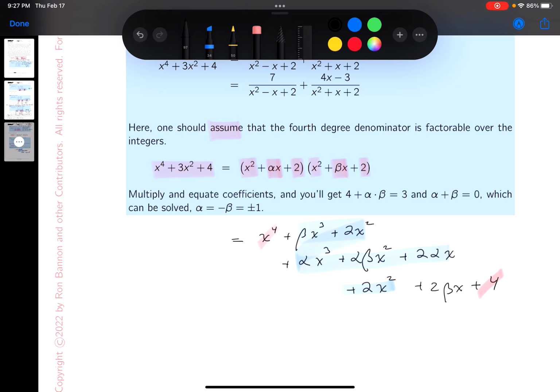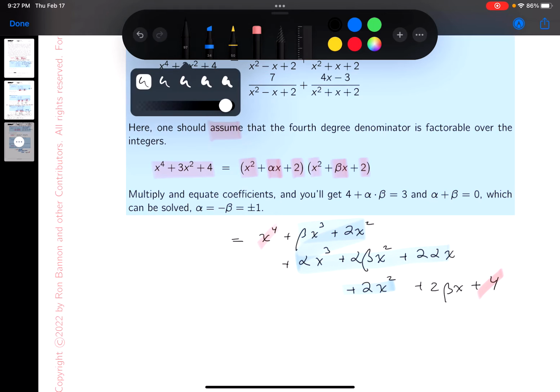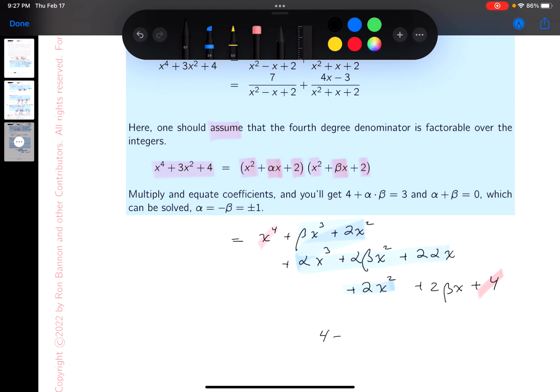So I'm looking at it, and all I now know is these coefficients on the x squared term. I'll write this down for you. I know that 2 plus 2 is 4 plus 2 beta must equal 3.